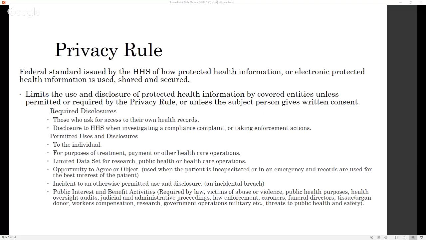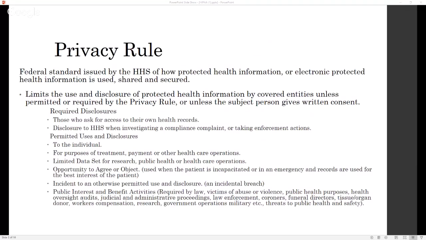So the privacy rule was issued by the Health and Human Services to protect your information. It's another national standard of protecting your health record. I'm just going to go through some of these points. It limits the use of the information based on, as it says here, required disclosures and permitted uses and disclosures.